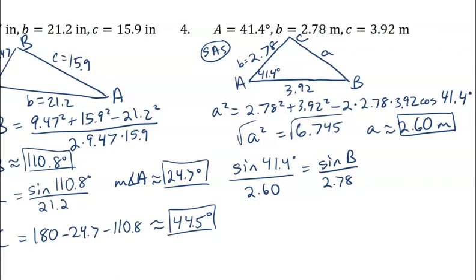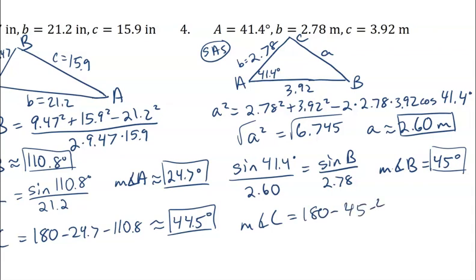We get that sine B is 0.707, etc. And the inverse of that, that's actually 1 over root 2. So the measure of angle B is 45 degrees. Okay, and then triangle sum theorem for the third angle. So measure of angle C equals 180 minus 45 minus 41.4, which is about 93.6 degrees.